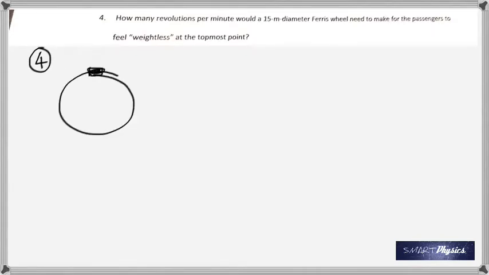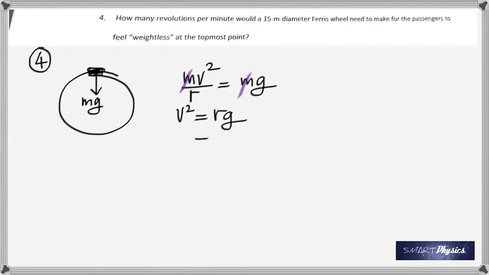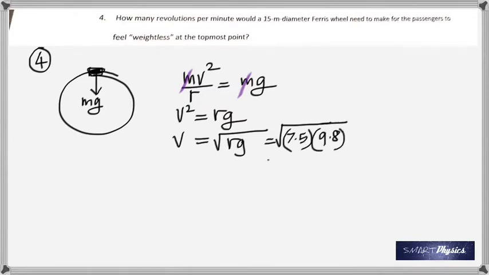So at the highest point there, the weight acts down, mg, and if the centripetal force becomes equal to the weight, that's when they feel weightless. Mass cancels out. Find the velocity. Radius is given as 7.5, g is 9.8. So you get 8.57 meter per second.